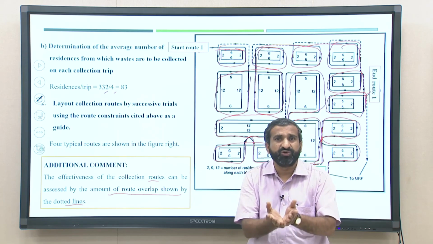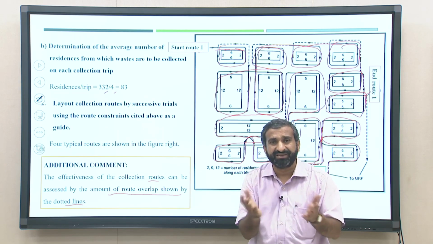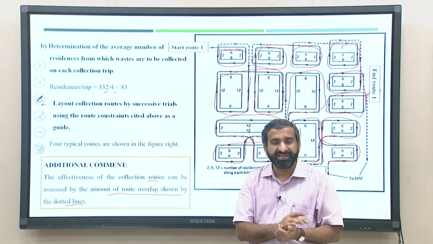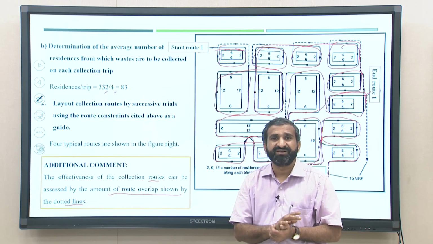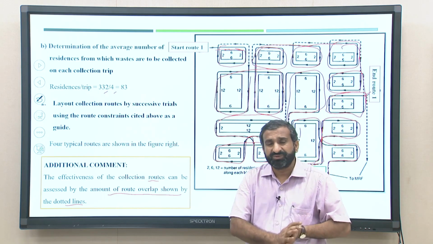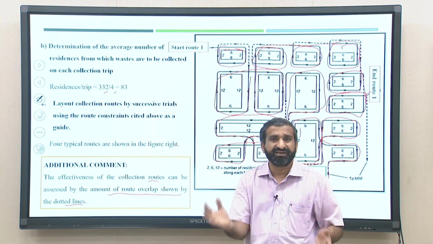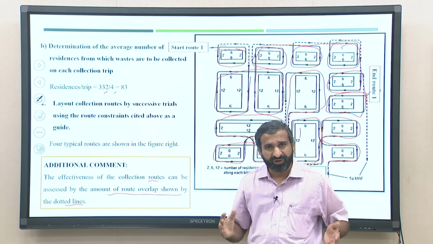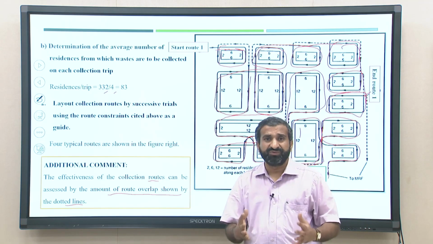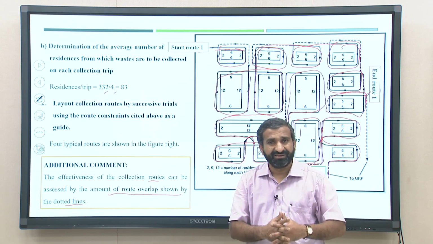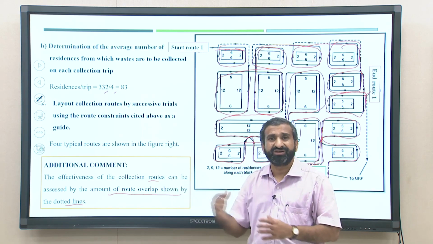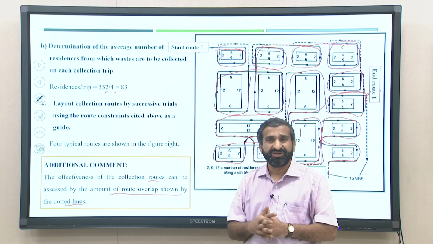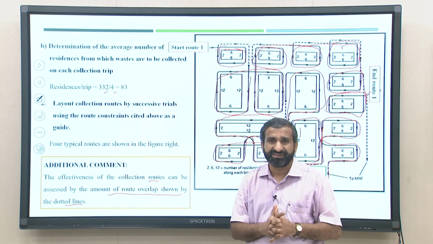I won't say we need to go for a mechanical collection system only. Somewhere it is very difficult to operate the mechanical system. So, it should be a mix of mechanical and manual collection systems. If you are good in collection, then only can we go for proper treatment or recycling facilities and finalize the proper disposal facility.